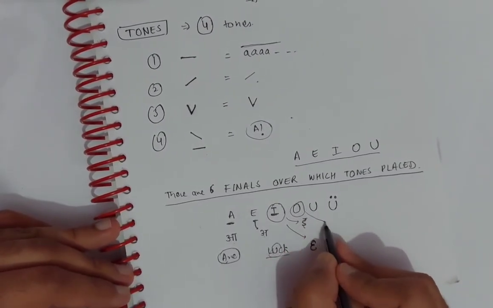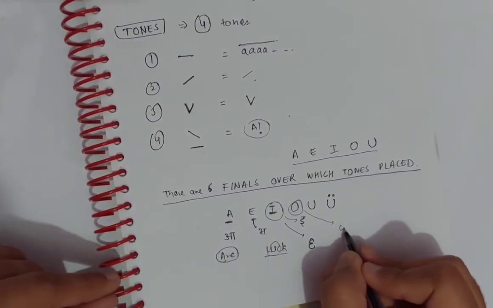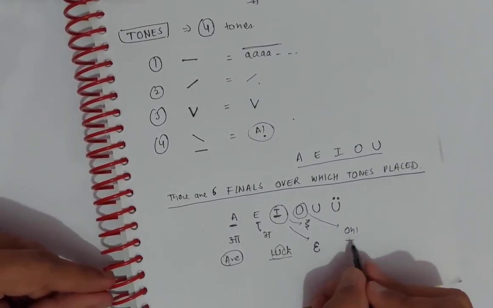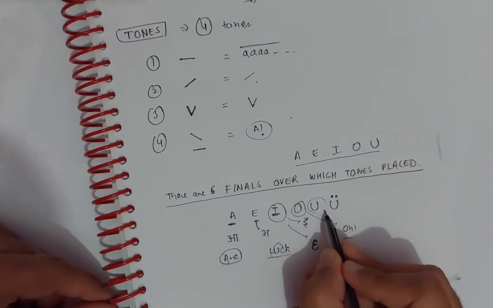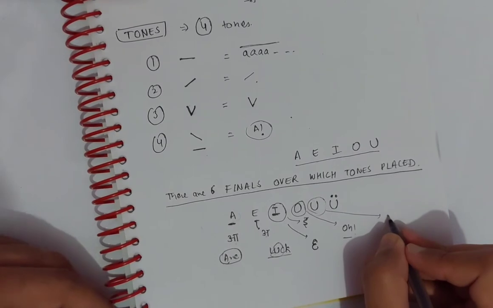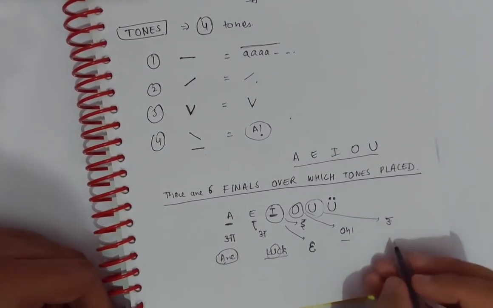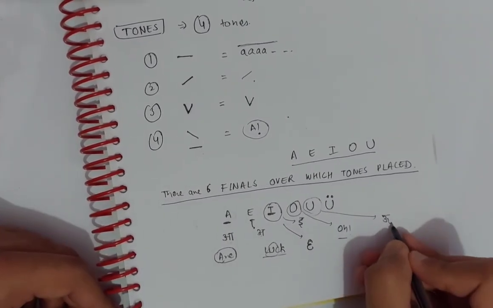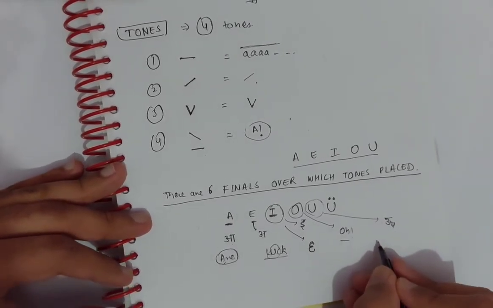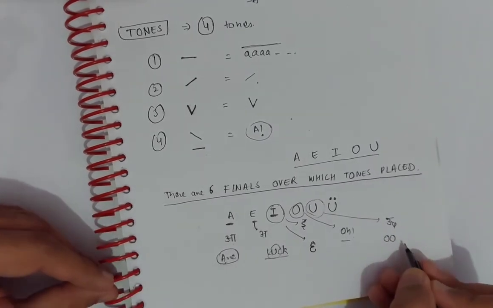And this is o in English, but in Chinese we pronounce it the same as o. And this is u in English, but in Chinese we pronounce this letter as u, like you say double o, oo.